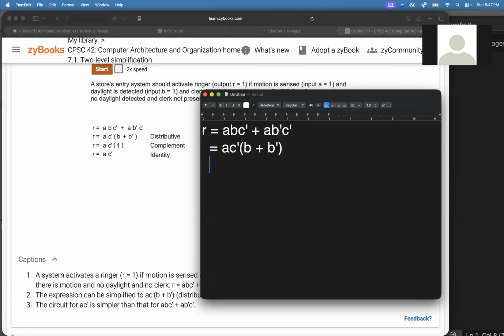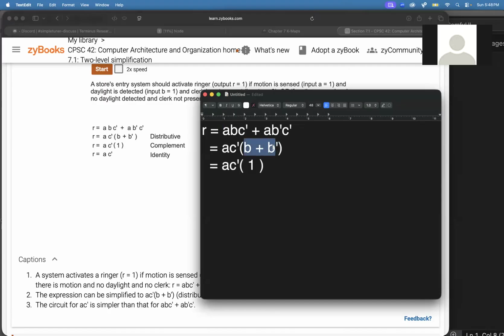We learn through our list of identities that B or not B simplifies to 1, because one of these has to be true. If B is false, then not B is true. If B is true, then not B is false.